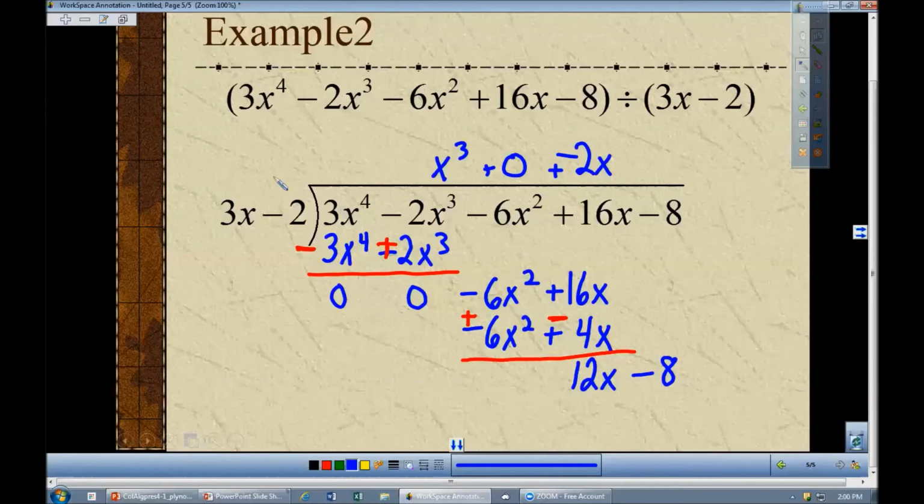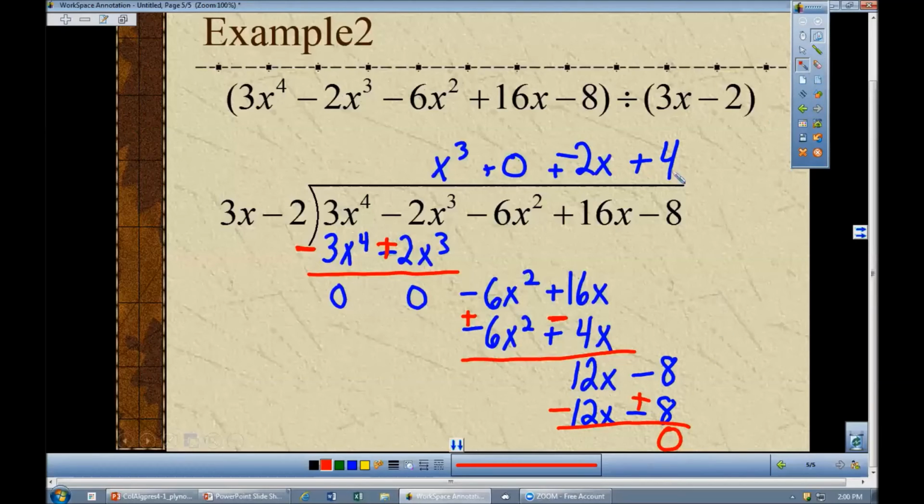What could I multiply times 3x to get 12x? Well, a 4 times a 3x is 12x. So I'll multiply 4 times 3x and get the 12x. I'll multiply 4 times negative 2 and get a negative 8. And when I draw the line and change the signs, I'm going to wind up with a remainder of 0.